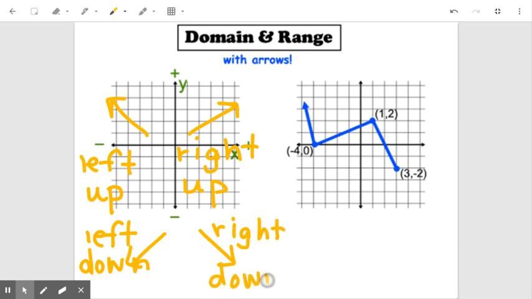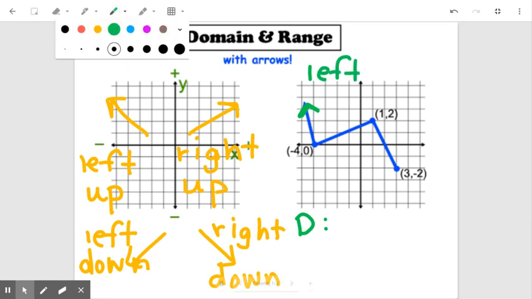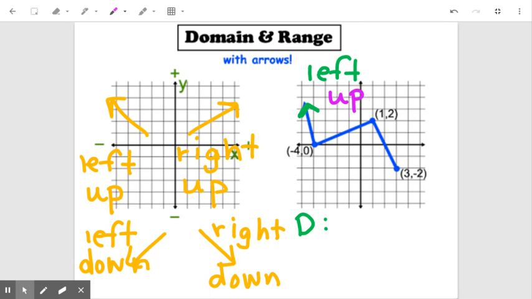So when I look at this graph on the right and it has an arrow and I'm doing domain and range, to do the domain, I'm going how far left to how far right. But on the left, I have this arrow. This arrow is going two directions. It's going left, but it's also going up. So I've got to keep that in mind.